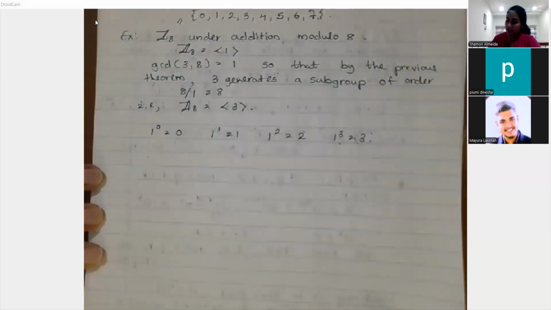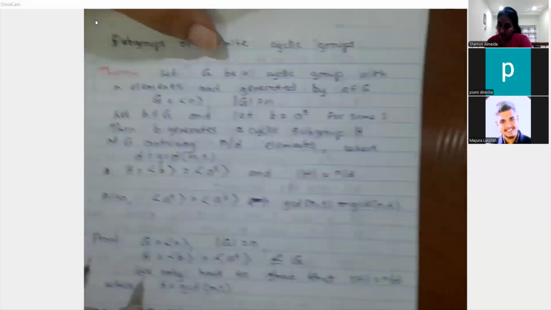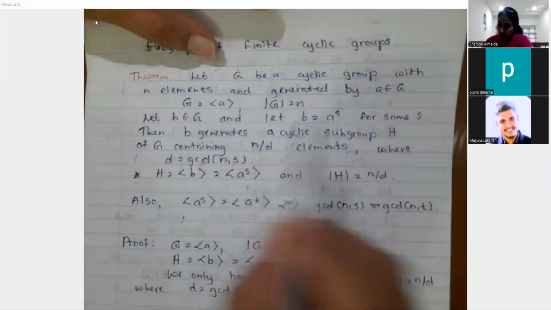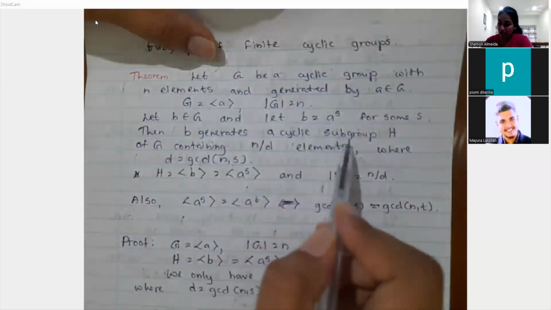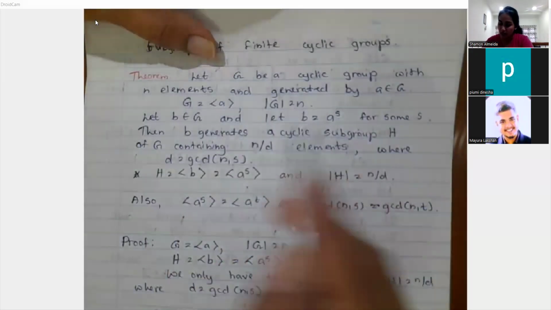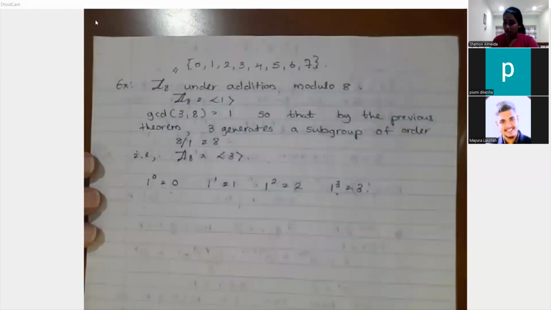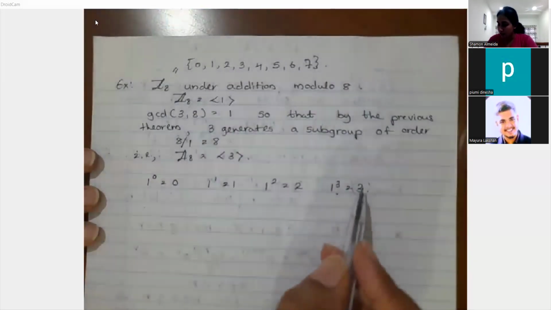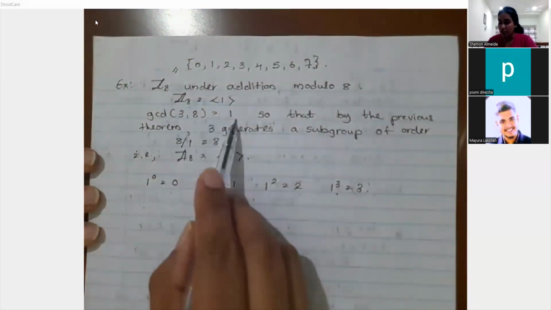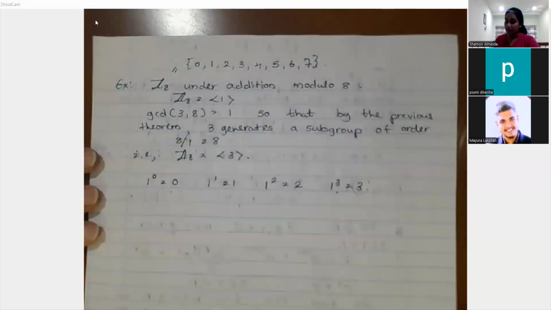First, we have to find the number of elements. Once again, referring to the theorem, we see that B generates a cyclic subgroup H of G containing N over D elements, where D is the greatest common divisor of N and S. So we first of all find the greatest common divisor of 3 and 8, which is 1. Because these two are relatively prime, it's 1.